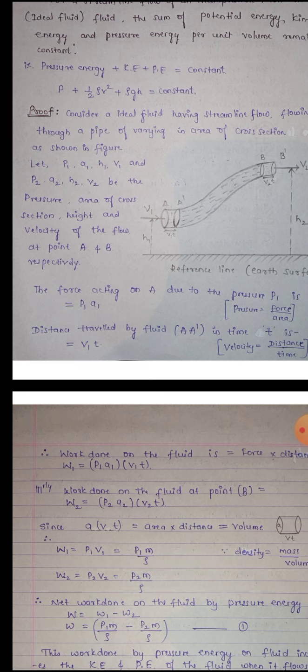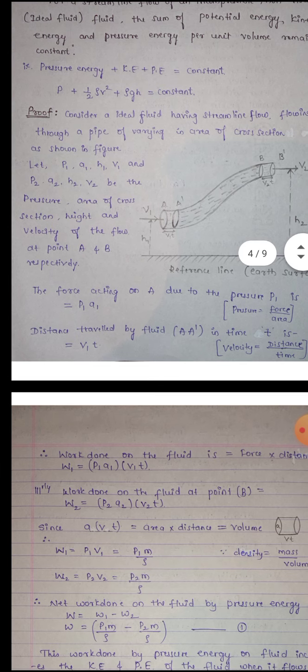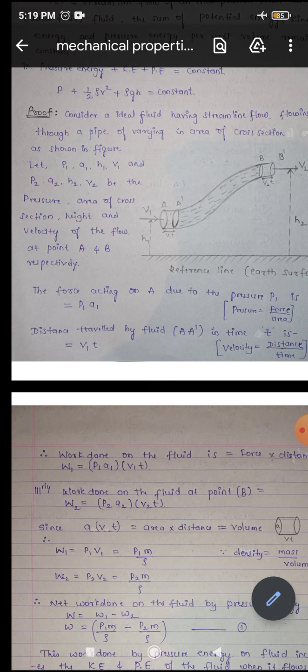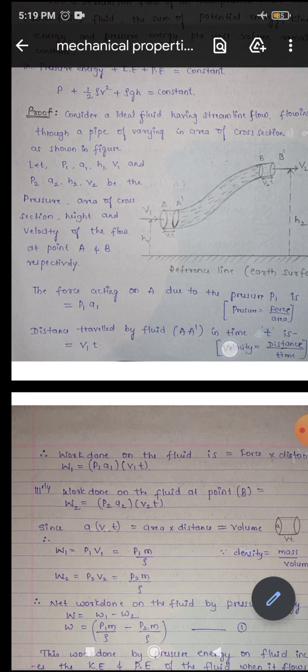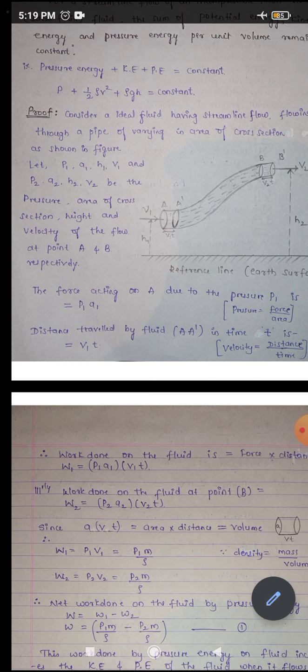The distance will be V1 into t, because velocity is equal to distance divided by time, so distance is equal to velocity into time.